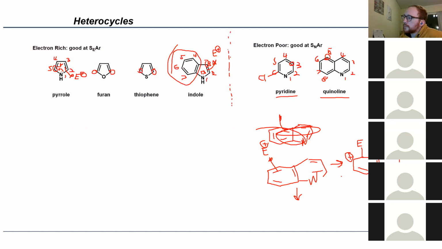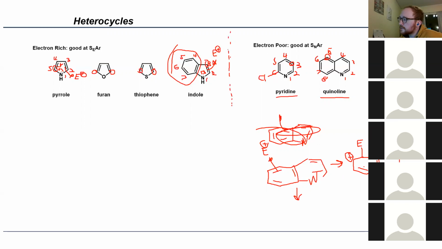The predominant resonance structures in these systems are going to be those that do not break the aromaticity of the other aromatic ring. There are two aromatic rings in this case. The most favored resonance structures, the ones that contribute the most, are those that don't break aromaticity at the other ring.